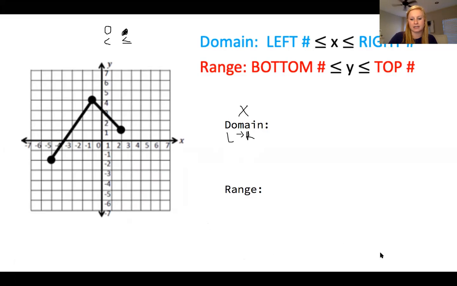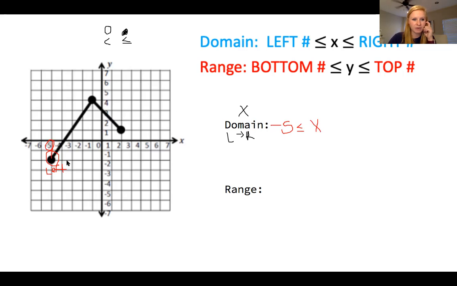So let's start, you guys, by finding our furthest point to the left here. And if I look on this graph, my furthest point to the left is actually right here. So I'm going to call that left. And the value of that on the x-axis is -5. So my furthest number to the left is -5. It is a filled in point, so we're going to say less than or equal to, and then I'm talking about x.